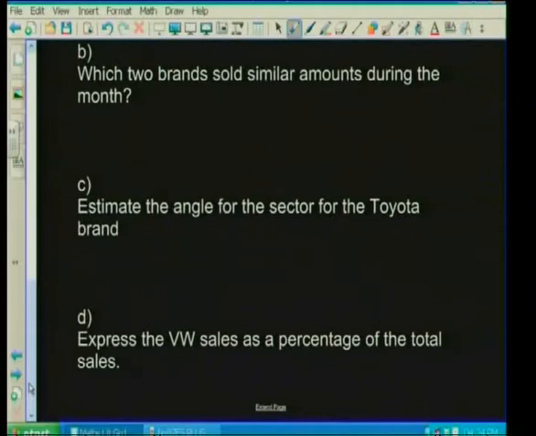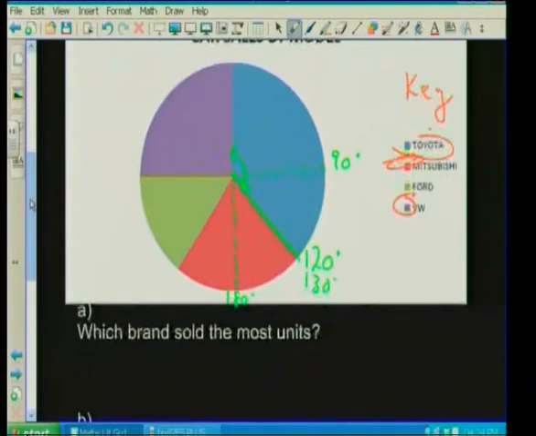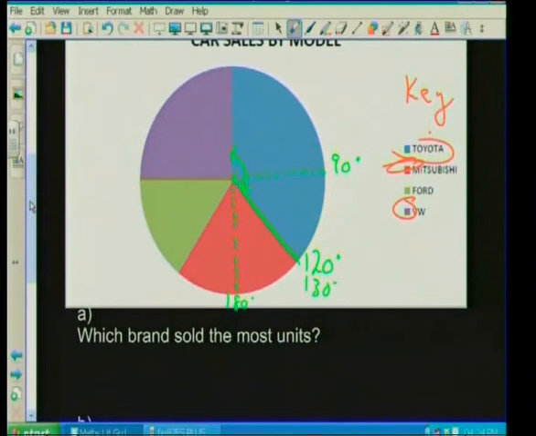Right. Now it says express the VW sales as a percentage of the total sales. Let's have a look at this now. So VW, we want to represent it as a percentage of the total sales. What do you think this is? I think this is 90 degrees over here.